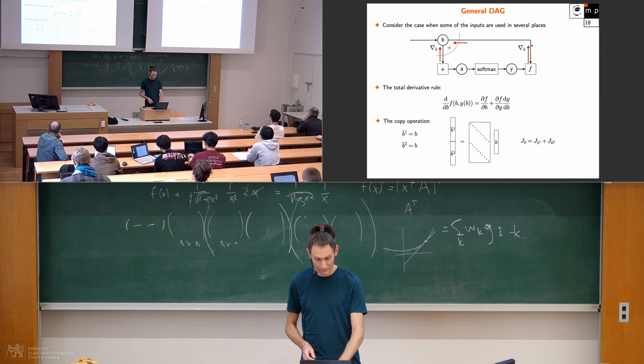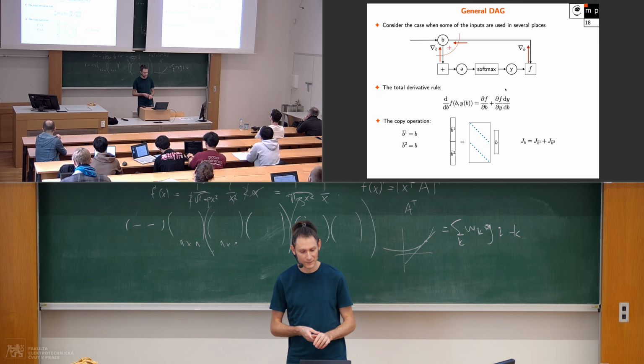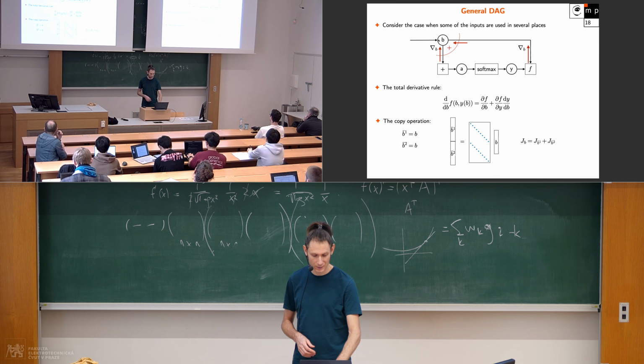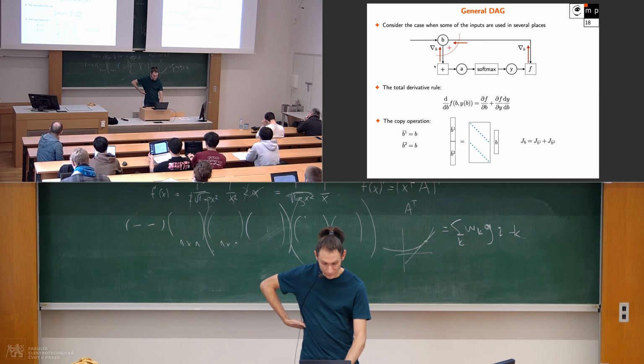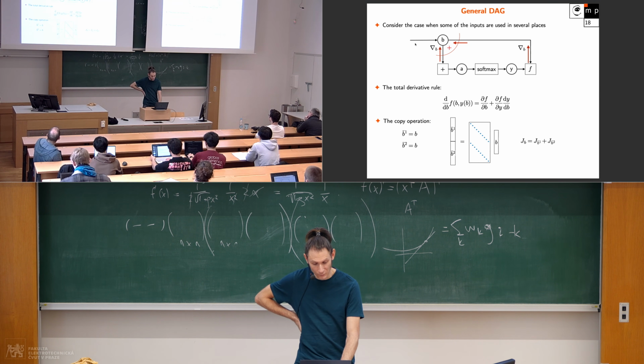Now going a bit more general. What happens if some input is used more than once in this computational graph? Then what happens with our chain rule? It then works according to the rule of total derivative.